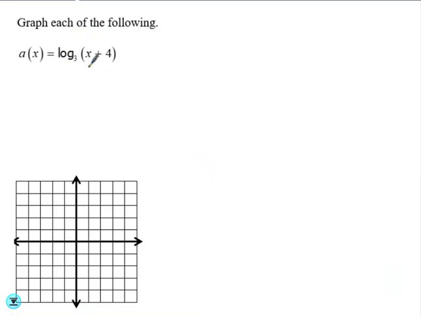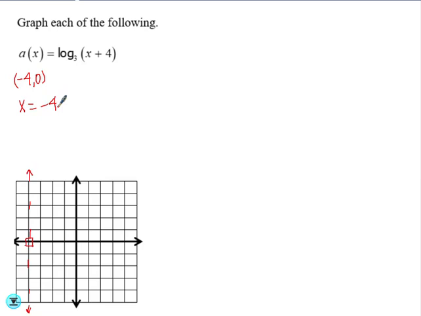That should all be reviewed from Algebra 2. So, if we look here, our h value is negative 4, and our k value is 0. So our starting point is (-4, 0). Your vertical asymptote always goes through your starting point. So your vertical asymptote for this one will be x equals negative 4.